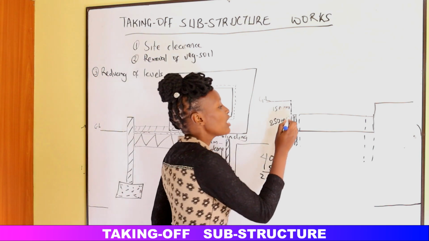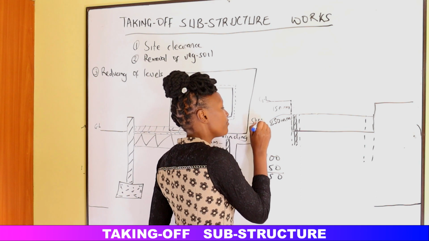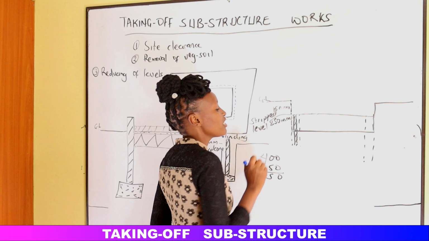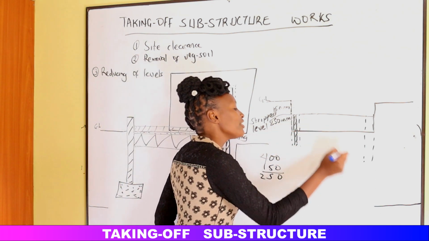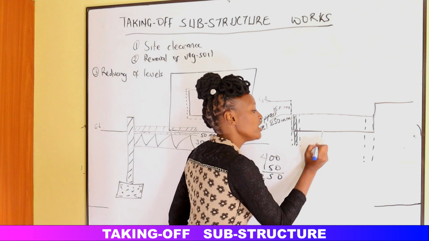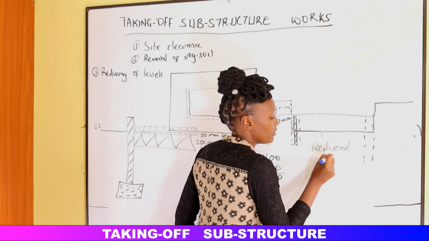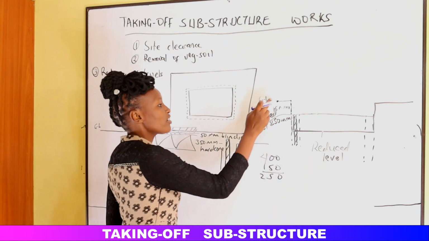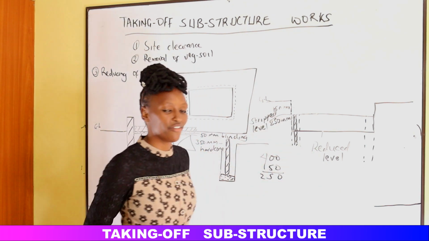So this level after the removal of the vegetable soil is called the stripped level. When we go deeper and reduce the level, this level is usually called the reduced level. Okay, so we have 3 levels. We have the ground level, the stripped level, and the reduced level.